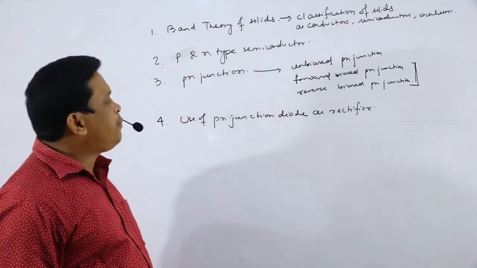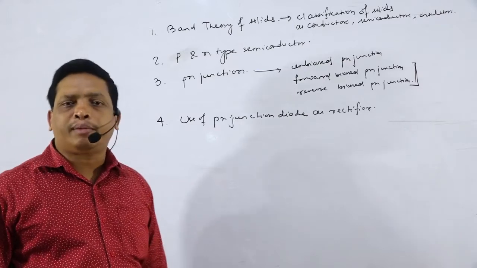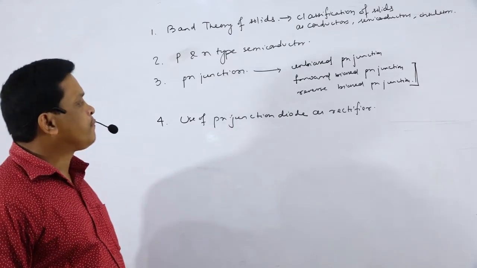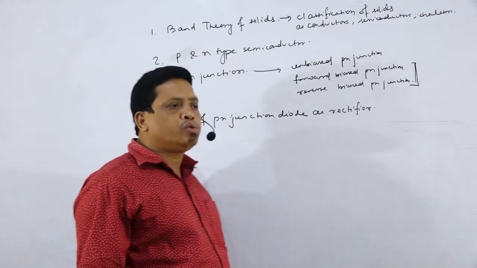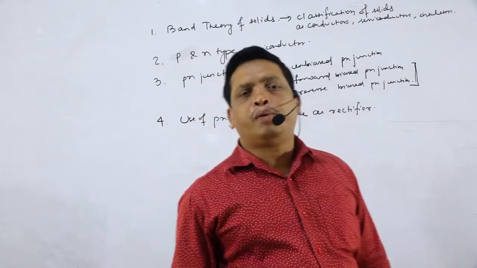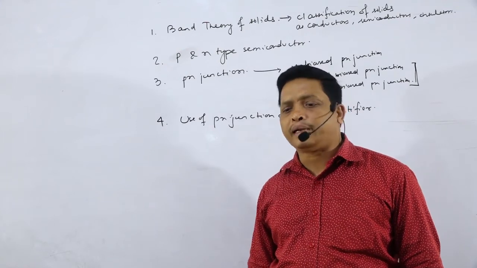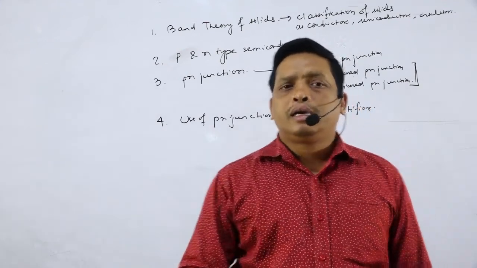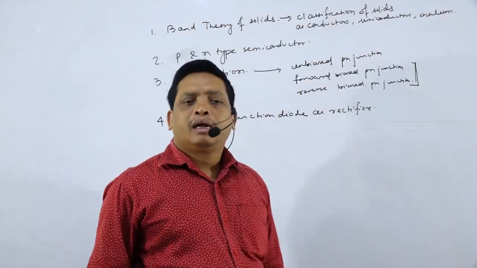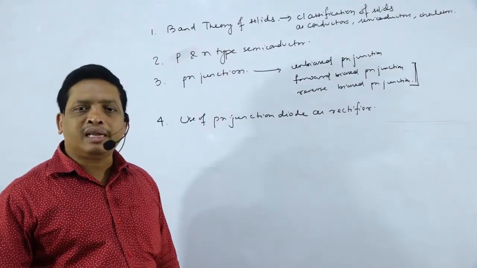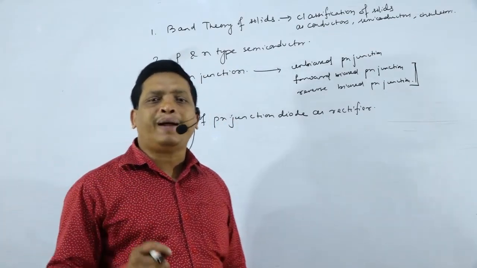Under full wave rectifier, we discussed the center tapped full wave rectifier. We learned about the performance of half wave rectifier and full wave rectifier. The performance of the rectifier is decided in terms of its efficiency and ripple factor.